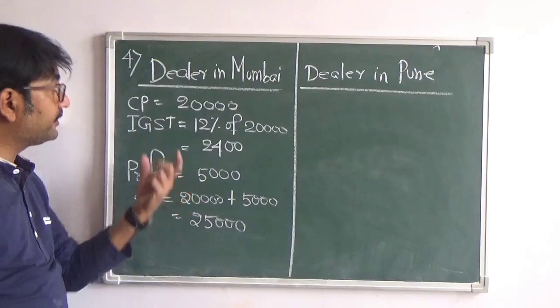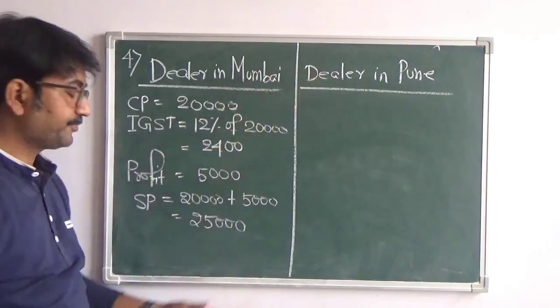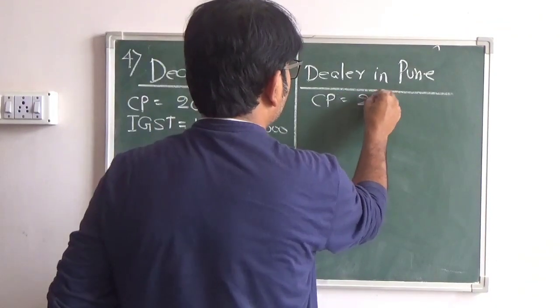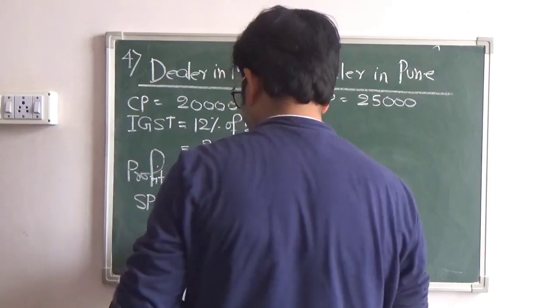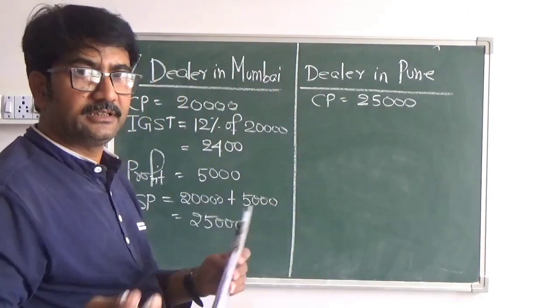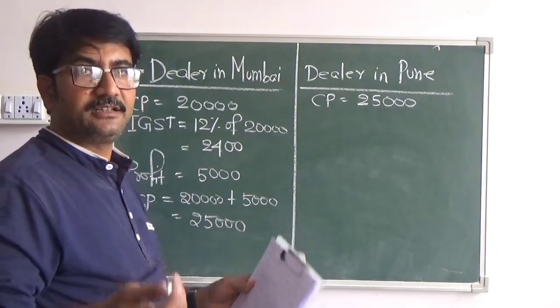Now SP of the dealer in Mumbai is the CP for the dealer in Pune. So now we write CP equals 25,000. Since it is Mumbai to Pune, obviously this is intrastate, so CGST and SGST are applicable.